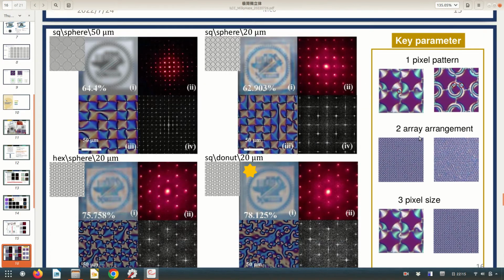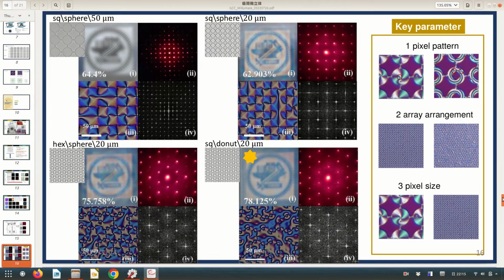And finally, here is the combination of different choices. We have combinations of pixel shape, array structures, square and hexagonal, and pixel sizes. Just look at the results, we can see very obviously that this is the best case.